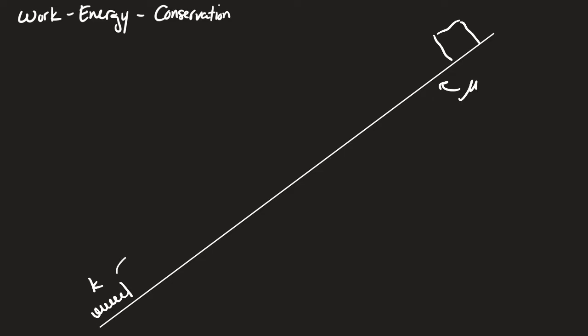The block is located a distance L away from the spring, and there's an angle theta that the ramp makes with the horizontal. Okay? Any questions about the parameters? I'm going to say that the coefficient of friction is low enough so that the block accelerates down the ramp.